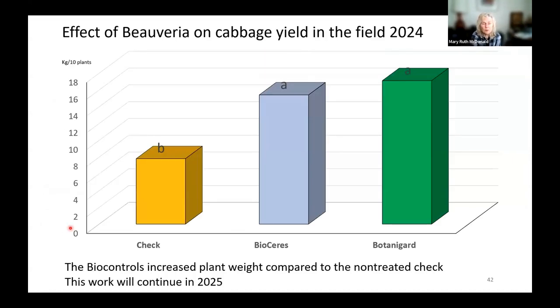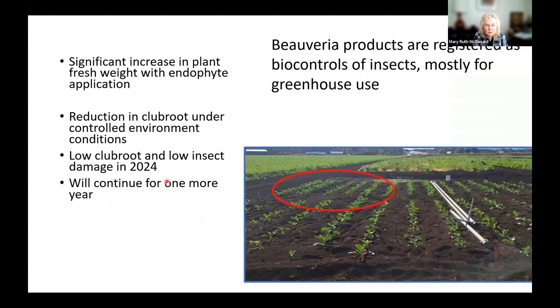However, in 2024, where there was no clubroot, I was really surprised to see a big increase in plant growth where we applied this endophyte, essentially double what we were seeing in the check. And it's not quite as easy to see in here, but I think you can see these smaller cabbage plants were the untreated check compared to the cabbage plants with the product.